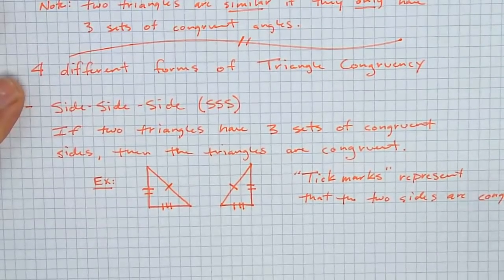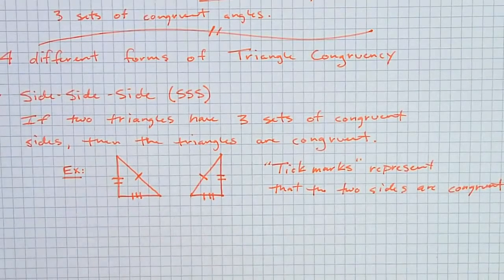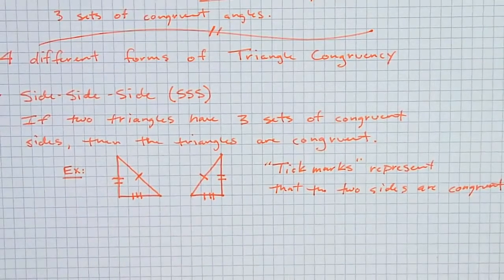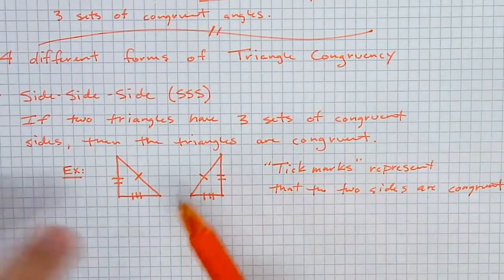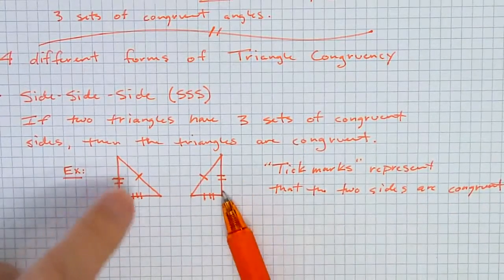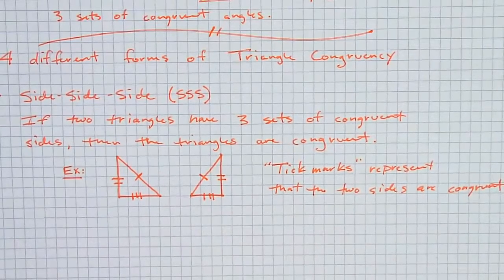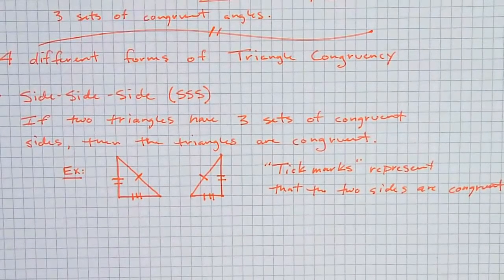Anytime you see those tick marks, it signifies that the two sides or angles are congruent. So the one tick mark matches up with the one tick mark over here, 2 and 2, 3 and 3. Tick marks again signify that the two triangles or the two side lengths are congruent.